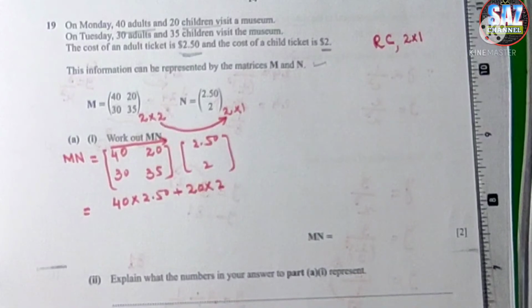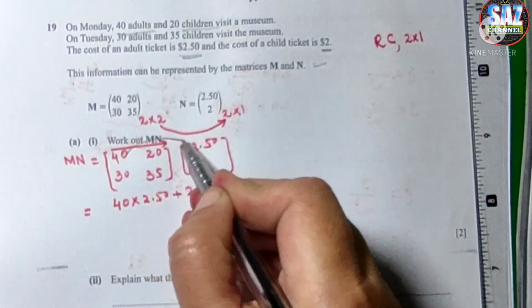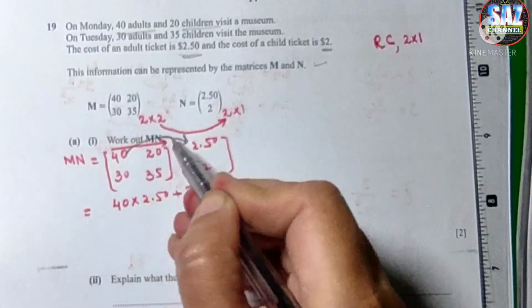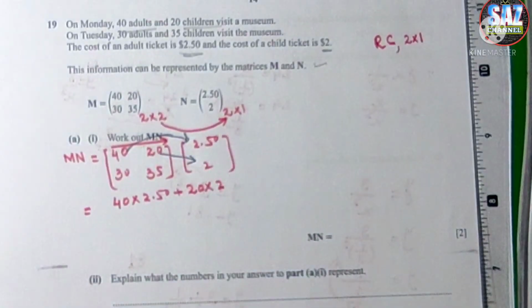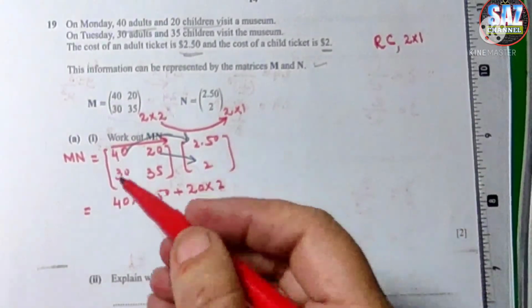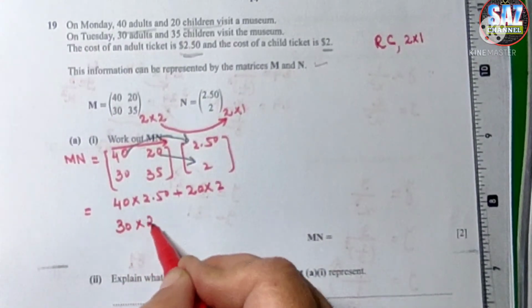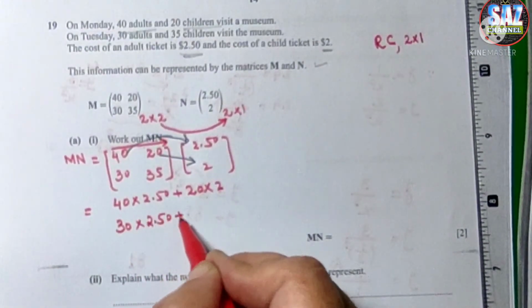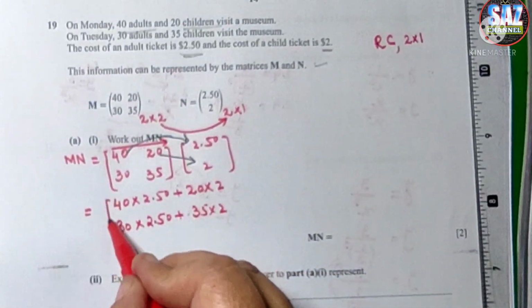I'm taking 40 and multiplying it with the first entry, and taking 20 and multiplying it with the second entry, and then 30 multiplied by 2.5 plus 35 multiplied by 2.